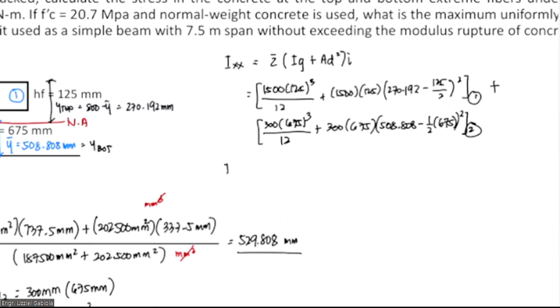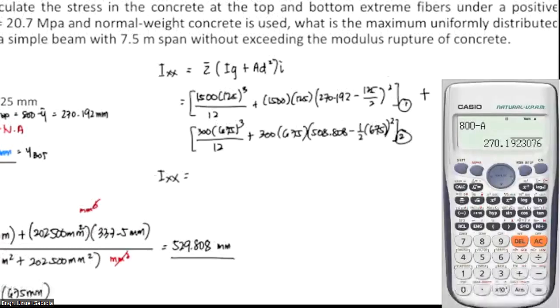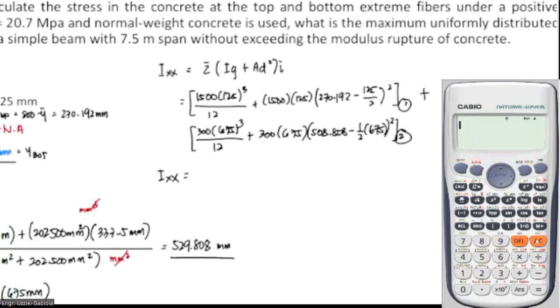So to get the inertia, we just need to input this. Okay, we calculate the first one first, so that we will not have error.